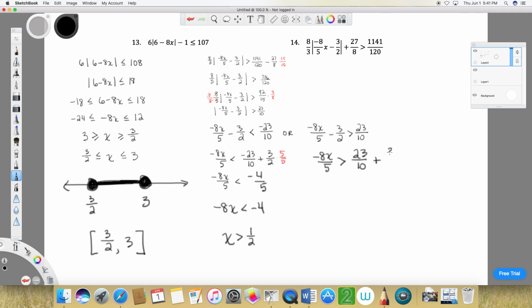If I add 3 halves, again, I'm going to multiply by the number 1, but I'm going to write the number 1 as 5 over 5, so I get a common denominator of 10. So I have negative 8x over 5 greater than or equal to 23 plus 15, which is 38. 38 divided by 10, is that the same as 19 over 5?